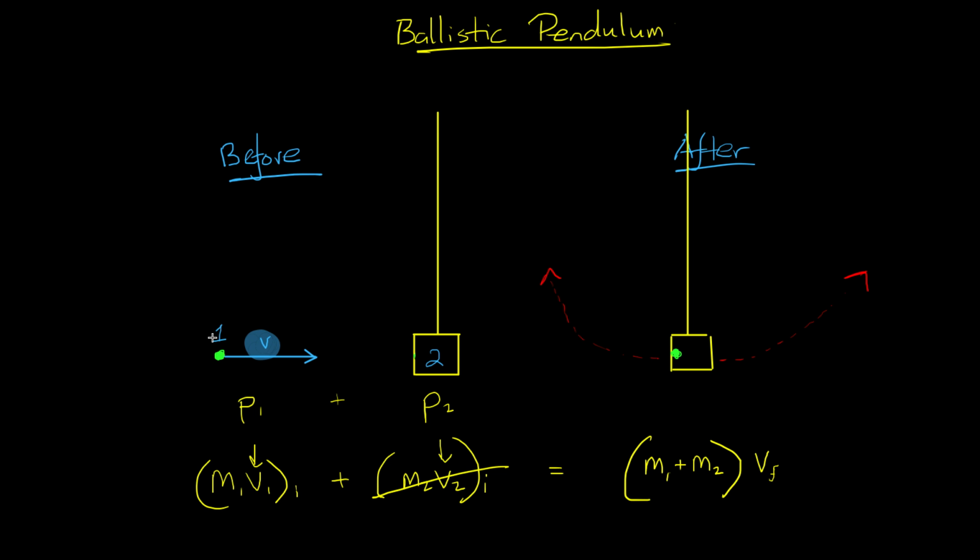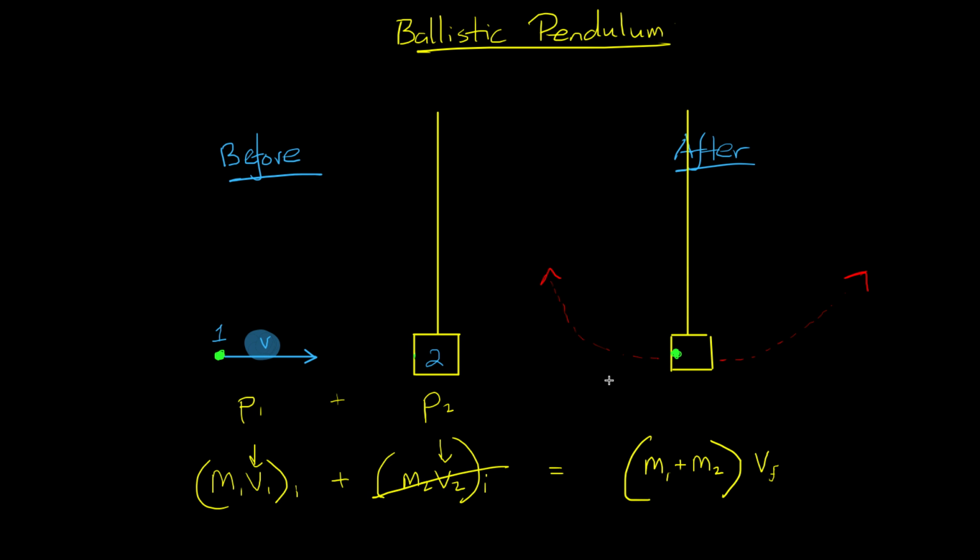Let's say that we know the masses for both the projectile and the wooden block, but we don't know anything about the speed at which the projectile with the wooden block is going as soon as the collision happens, and now they're moving as one unit.